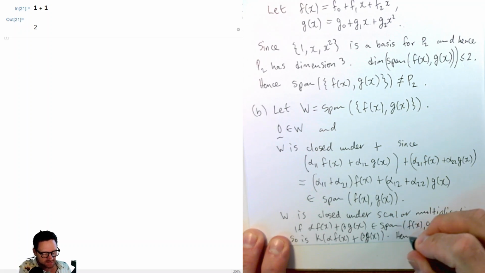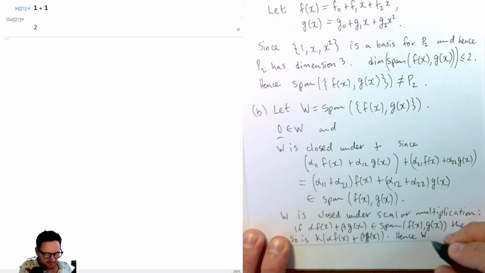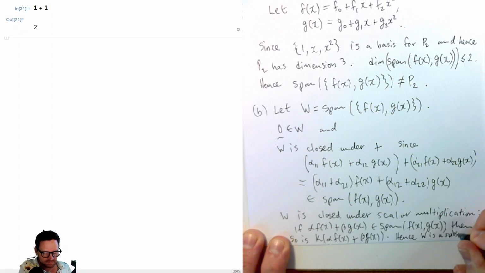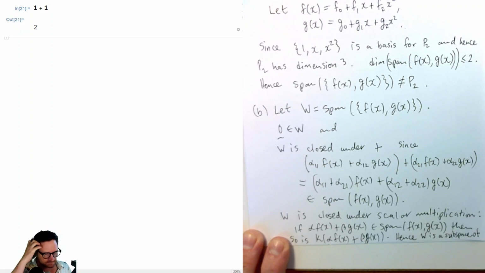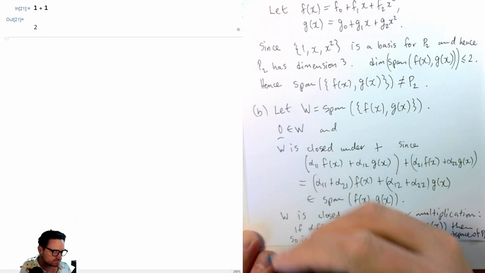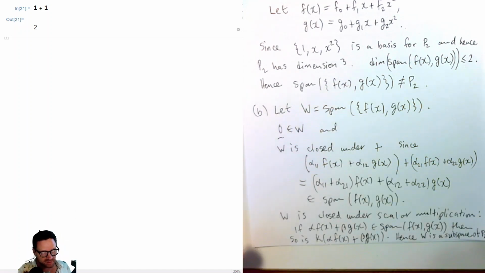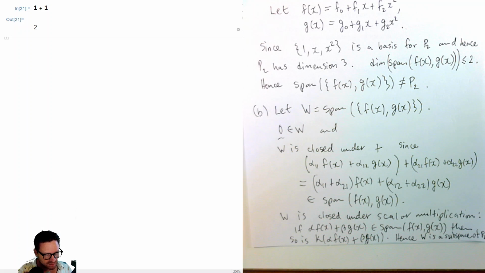Okay, so hence W is a subspace of P2, and it's proper because it's not equal to, right? So I need a little bit more paper.